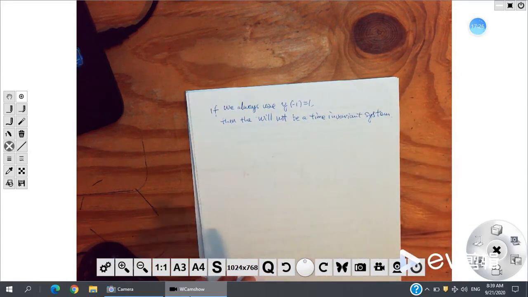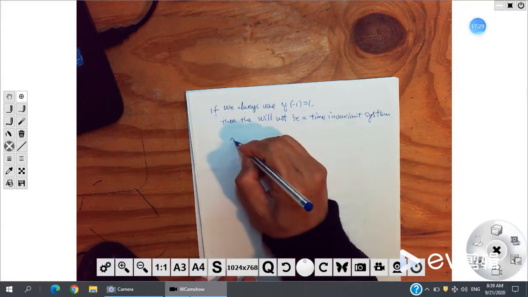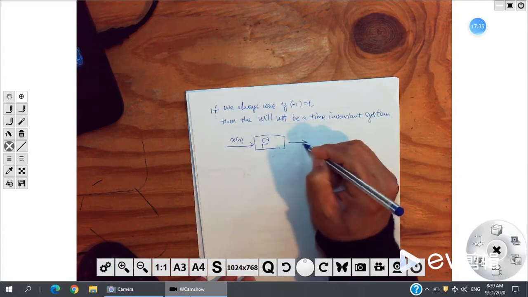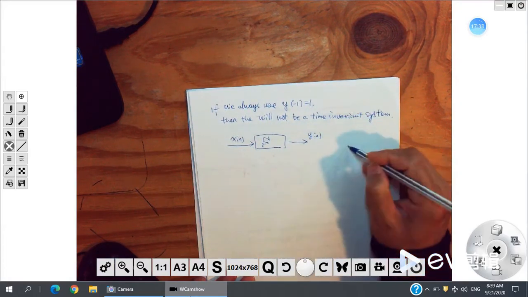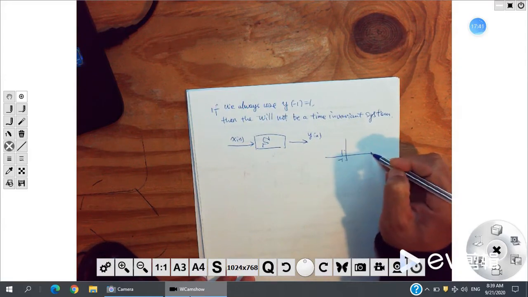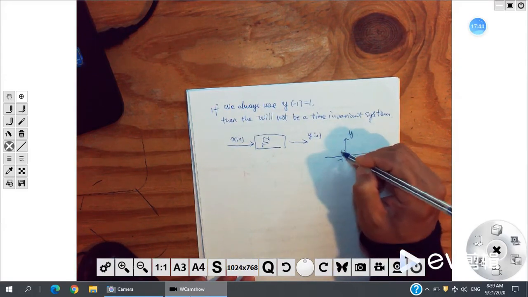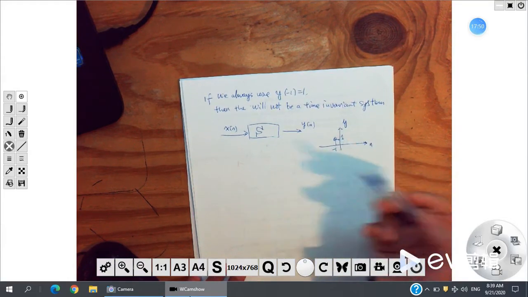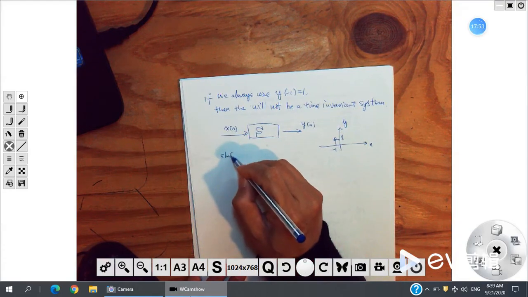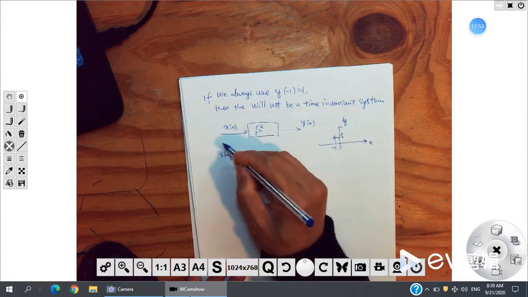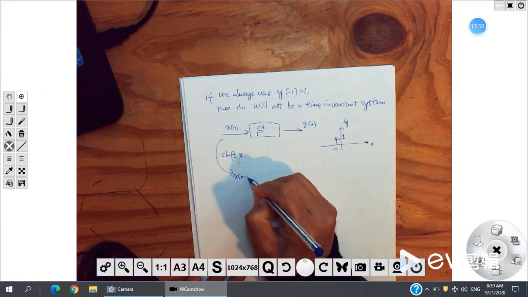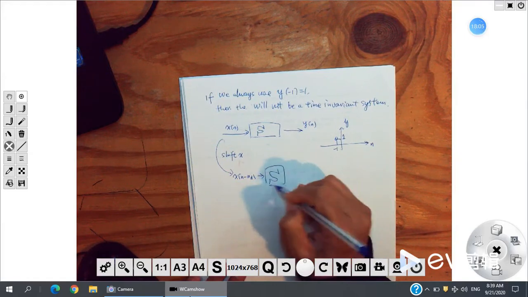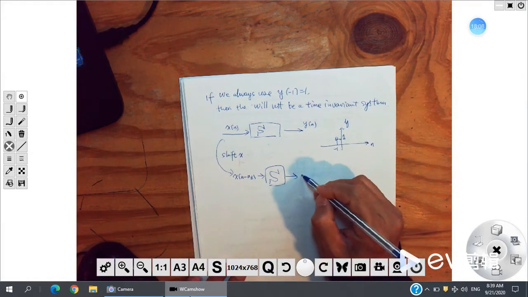Why? Because you shift. Like you have x[n], you have the system S, then you have y[n]. Suppose at n equal to -1, here should be 1, right? Now you shift x, you have x[n-nd], shifted by nd. Then you use this as input to the same system. Here will be the output.